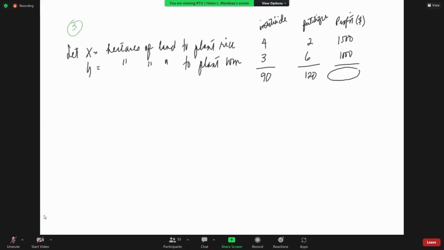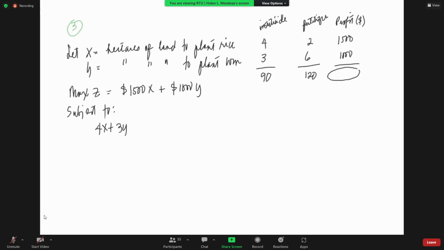objective. So you have here, maximize Z is $15x plus $1,000y. So subject to. So meron kang 4x plus 3y.